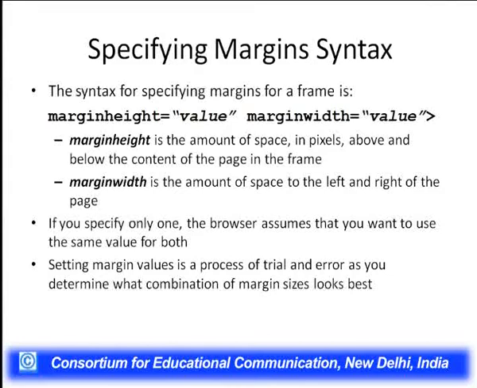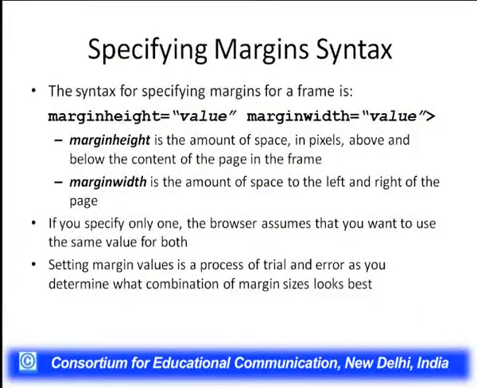Margin height is the amount of space in pixels above and below the content of the page in the frame, and margin width is the amount of space to the left and right. So, basically with margin height you specify the top and bottom margins, and margin width will help you specify the size of the left and right margins of your frame.